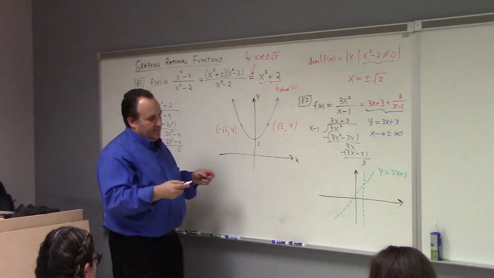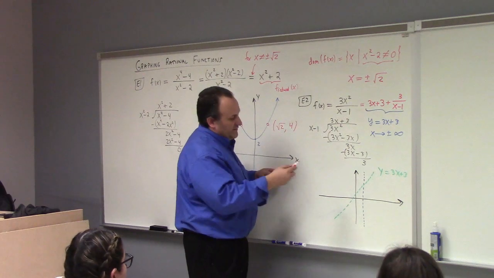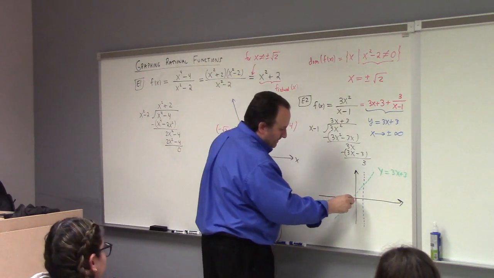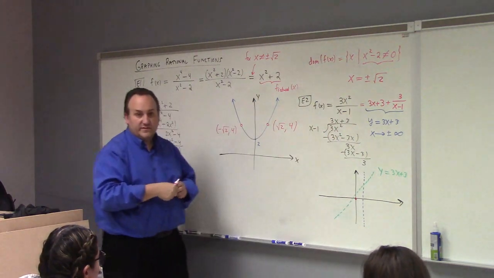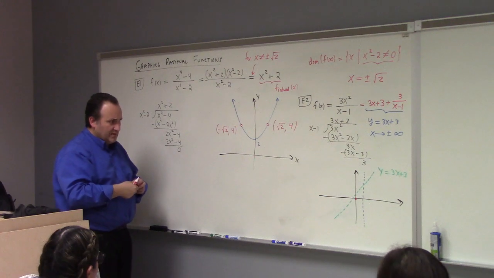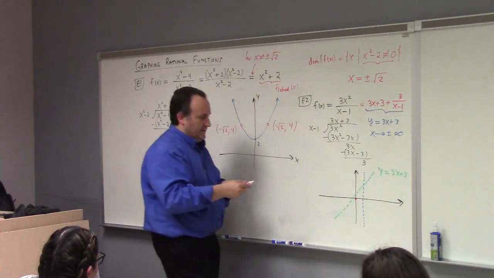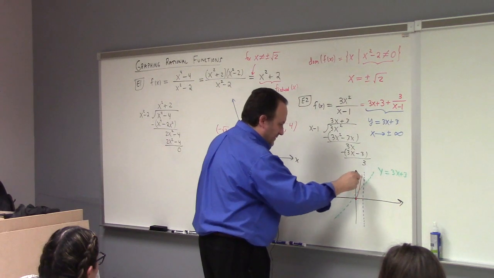So what the graph looks like is, well, it goes through 0 here. How do I know that? Well, if I plug 0 in, I get 0 over minus 1. So it's got an x-intercept of 0. And apparently it must look something like this.